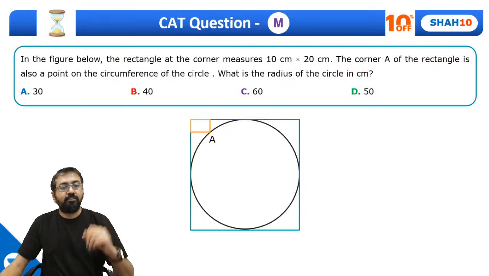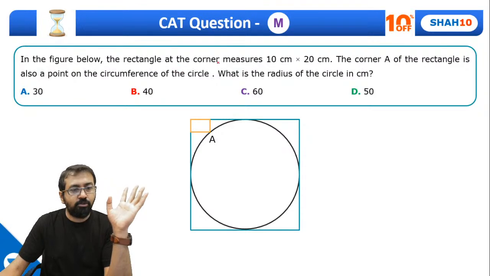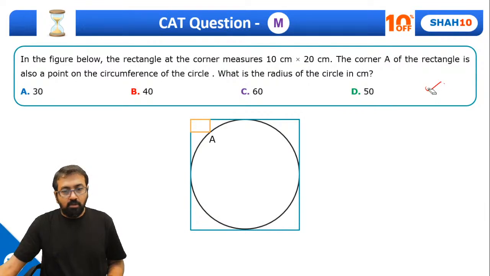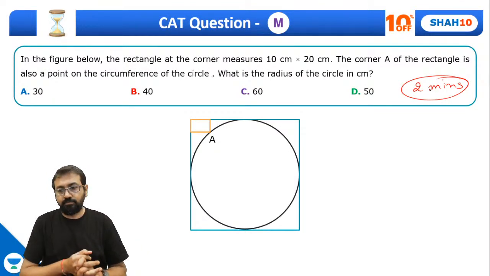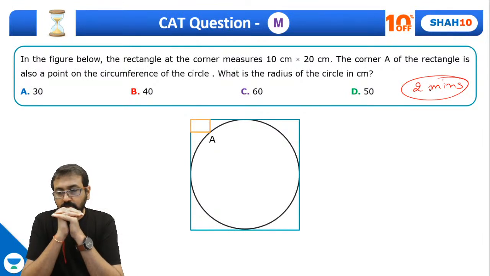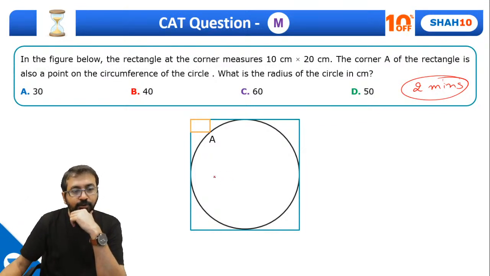Great. So let's go ahead with a few questions related to just Pythagorean triplets. Let's try to answer this question. Please solve this quickly. I'm giving you 2 minutes, which is more than sufficient. How are you going to solve this?